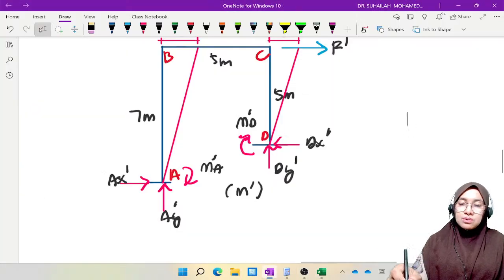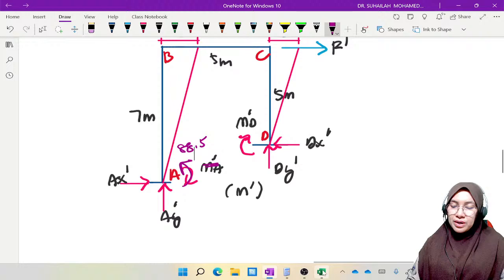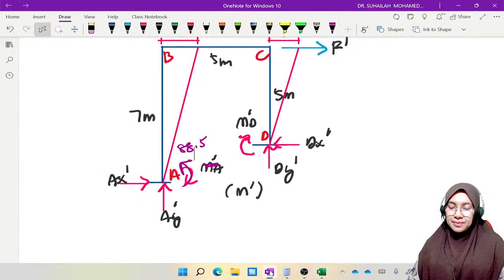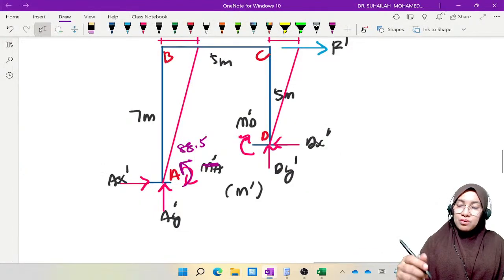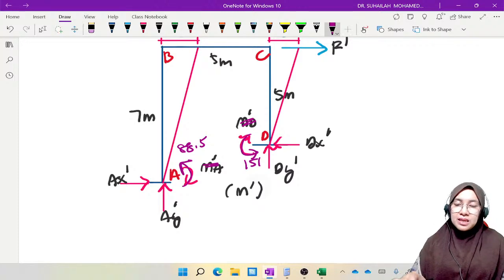This MA is actually negative 88.5. And for the D value, it is negative 151. Negative also. This is 151, negative also.